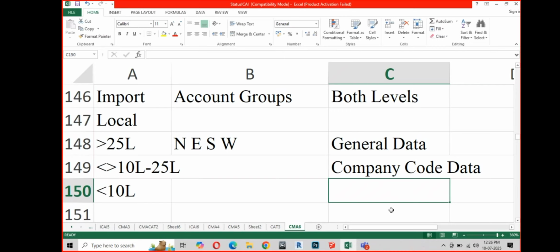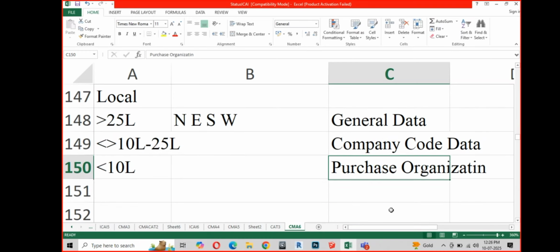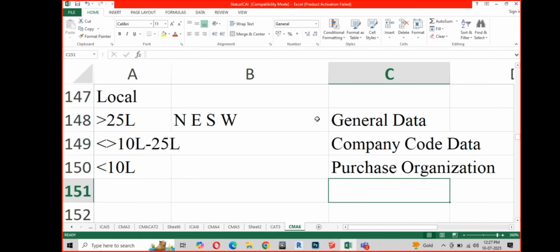When you're talking about the information to complete the master record or to complete the details of a master vendor, you require some specific information from the purchase module also, or from the MM module also. So basically you have a single vendor whose data is spread across these three views.